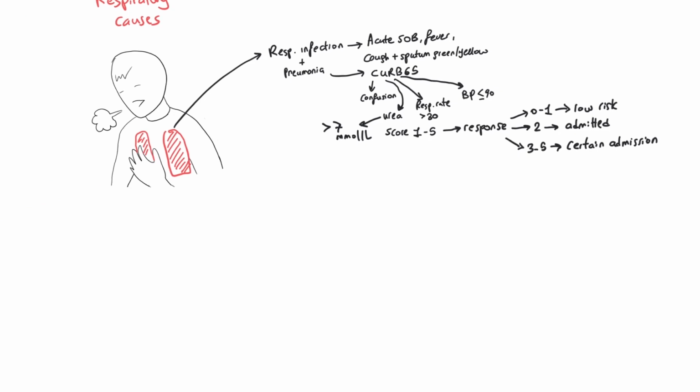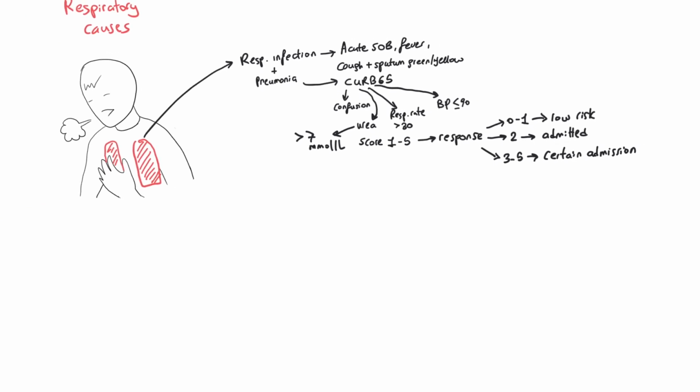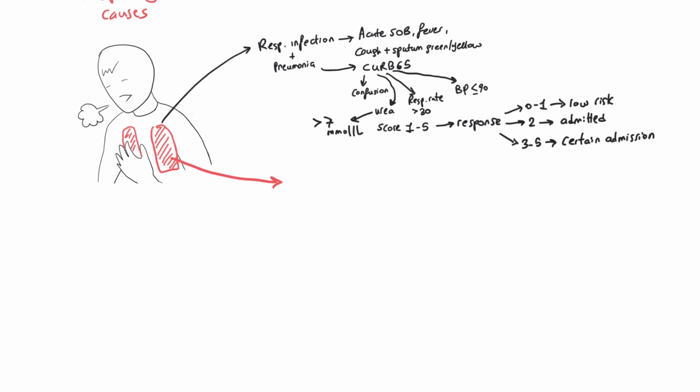The second thing you want to be aware of when taking a history of shortness of breath is the big one, isn't it? Asthma. Obviously, it's shortness of breath plus on and off wheezing. So it changes.